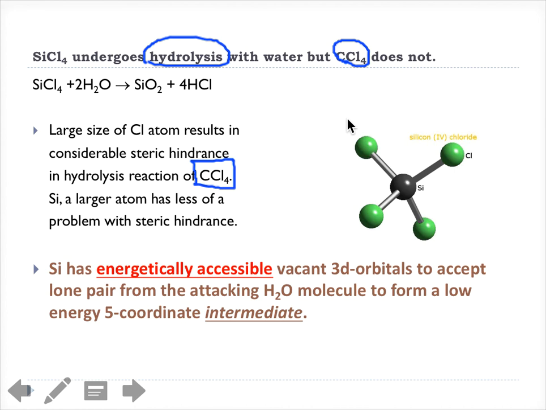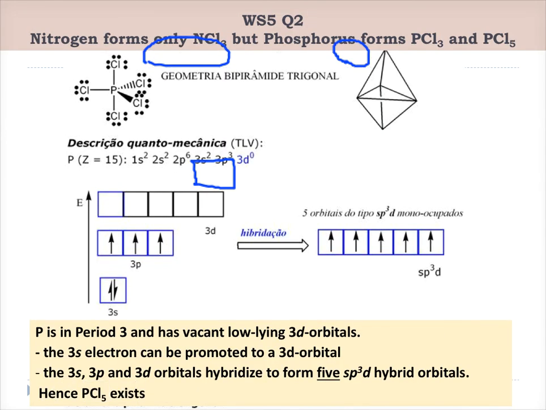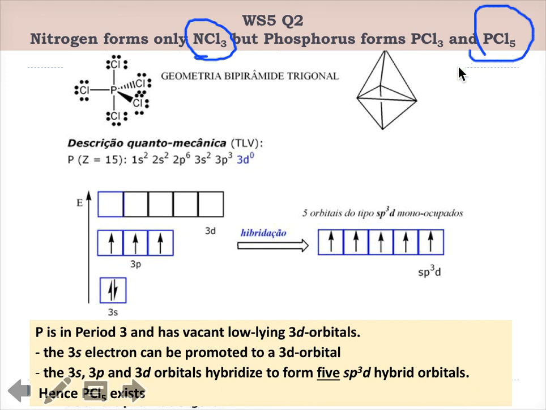If we consider this property, we should be able to explain the next part. Let's look at this question: why can nitrogen only form NCl3, but phosphorus can form up to PCl5? This is the same reason as what we just saw with the silicon versus the carbon.